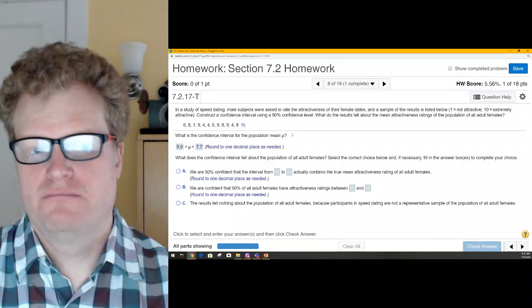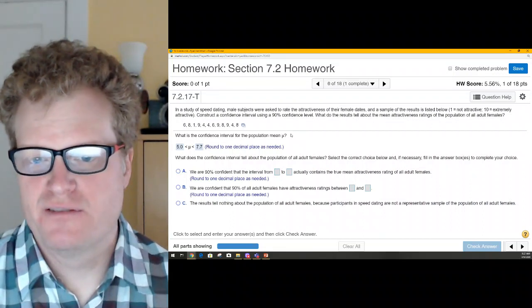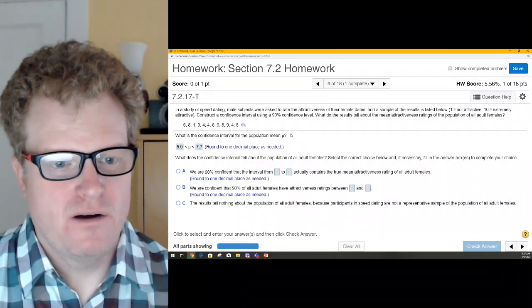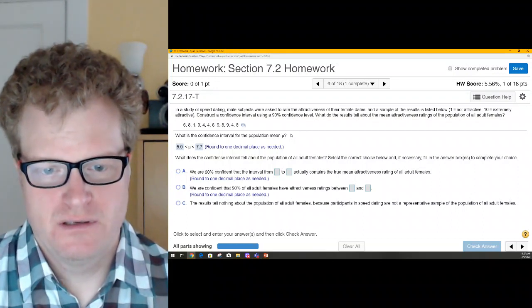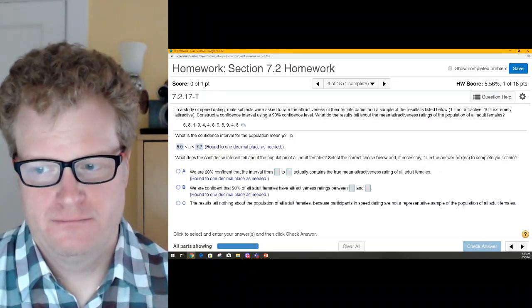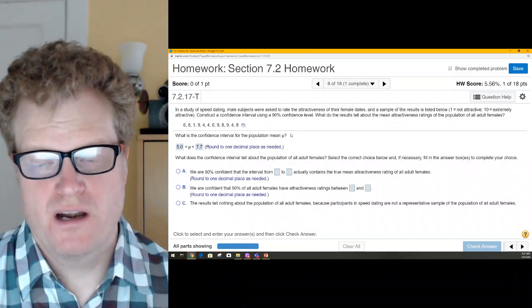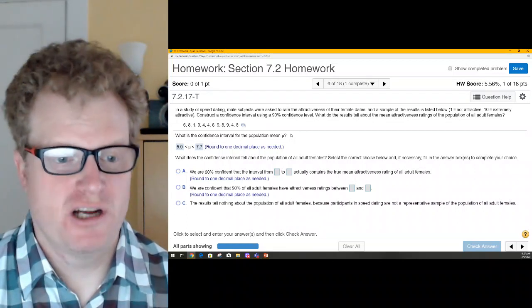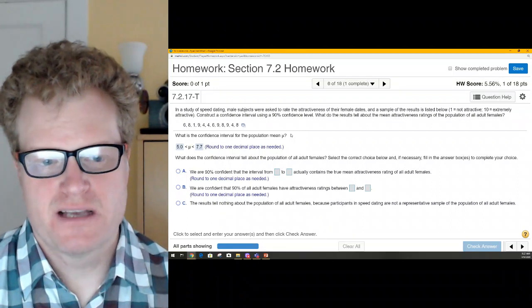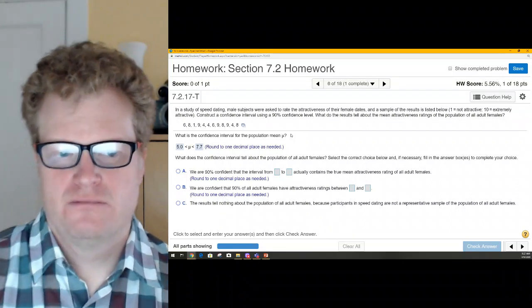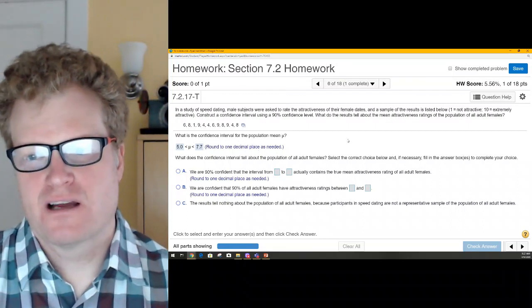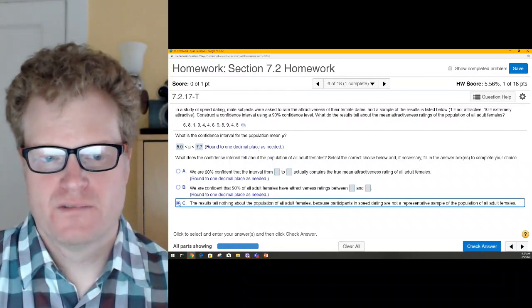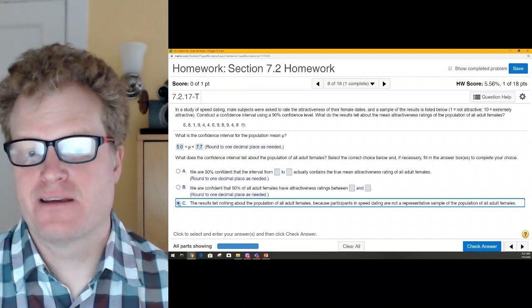So now, what does the confidence interval tell about the population of adult females? This is where you kind of have to make a judgment call. We have a small sample here, speed dating. We're not talking about a full population. So really, these results tell us nothing about the population.